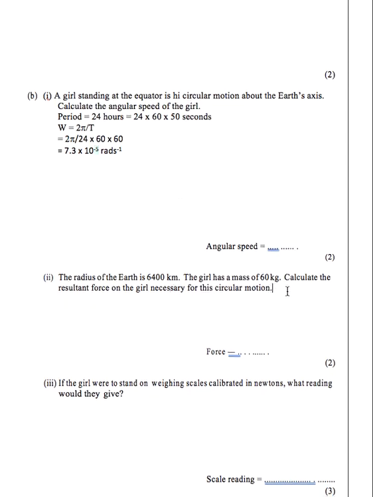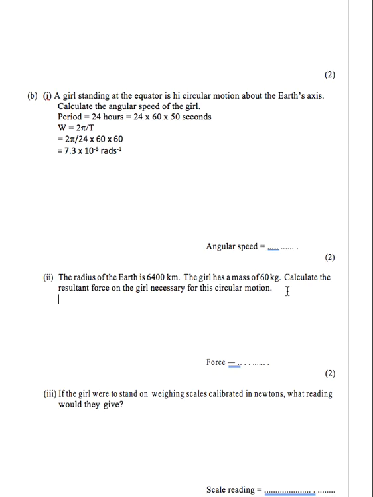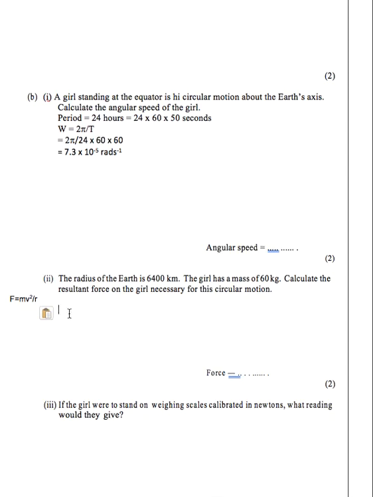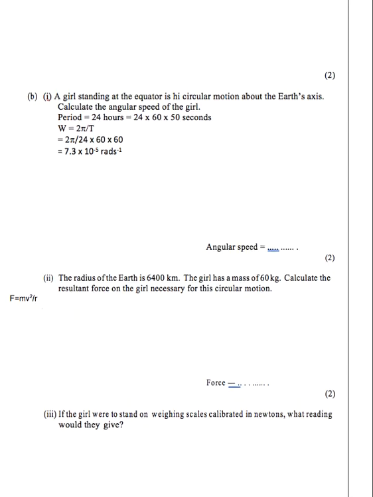B part 2 then. The radius of the Earth is 6,400 kilometers. The girl has a mass of 60 kilograms. Calculate the resultant force required. Well, we have F equals mv squared over r. And we have the angular speed rather than the linear speed. So let's convert that to F equals m r omega squared.